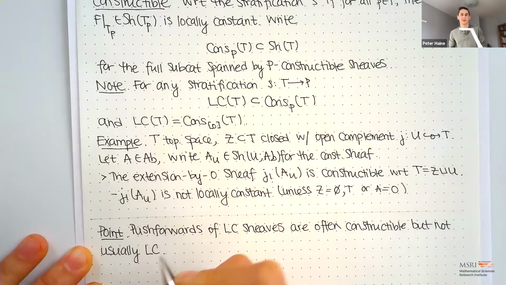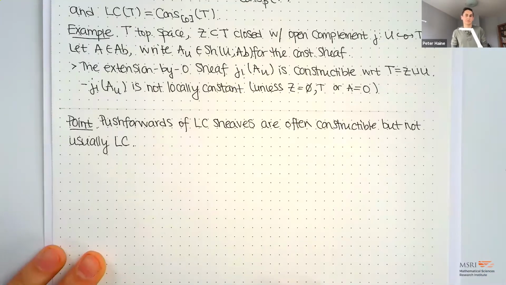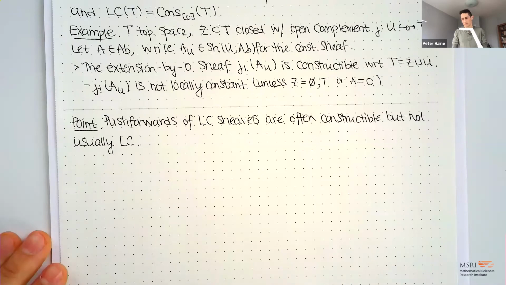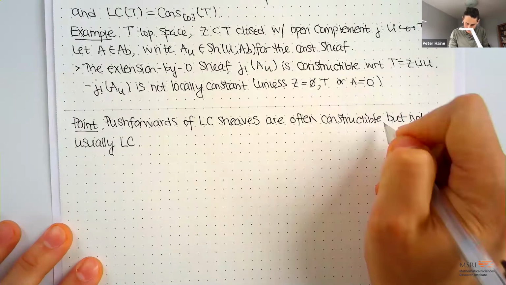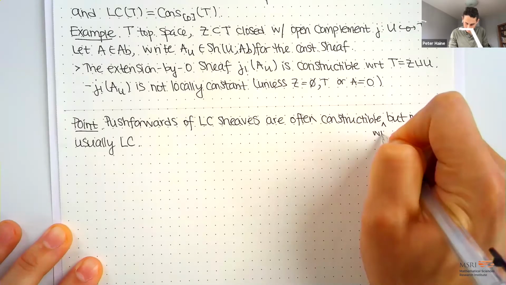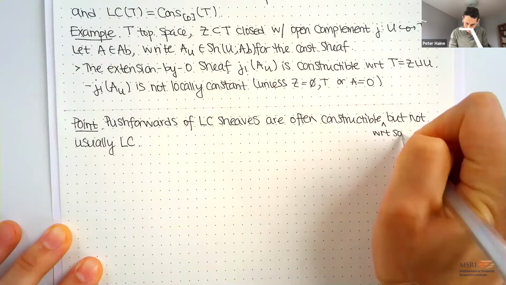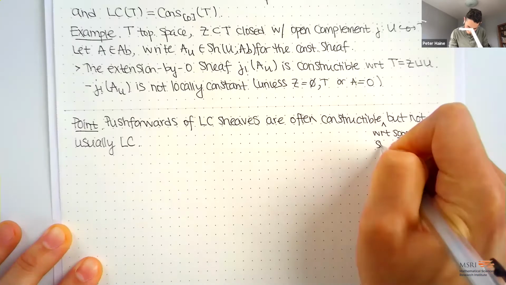So allowing for constructible sheaves allows for push forwards of these locally constant sheaves. Maybe I should say constructible with respect to some stratification.